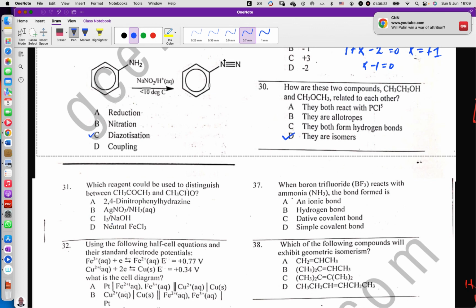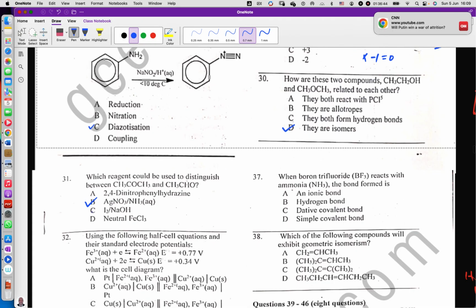So we can't use this one, because both of them will show the same result. So it is B, which is when we prepare this, we'll have a Tollens' reagent. B will prepare a Tollens' reagent.